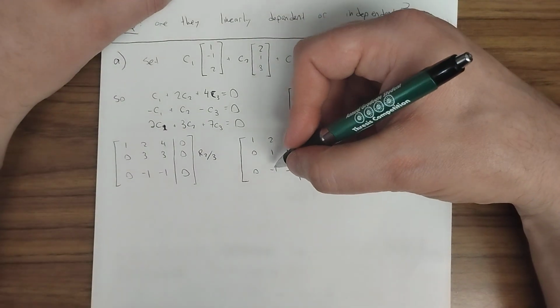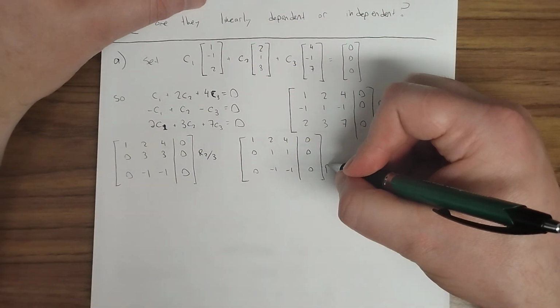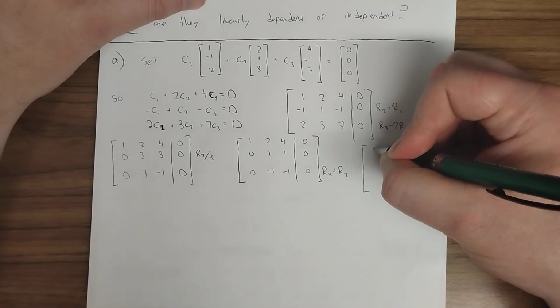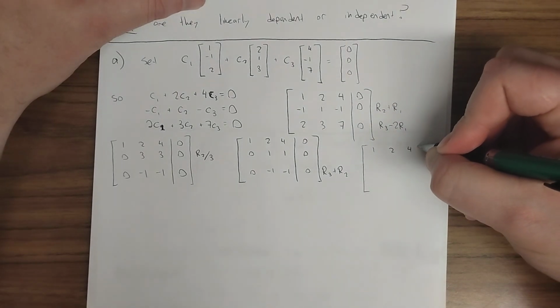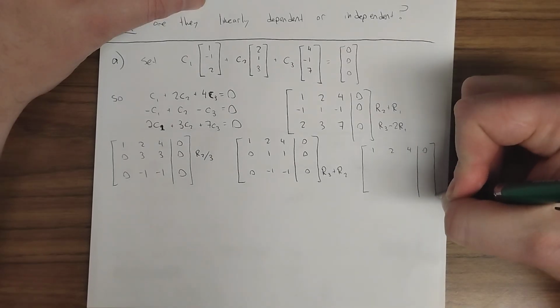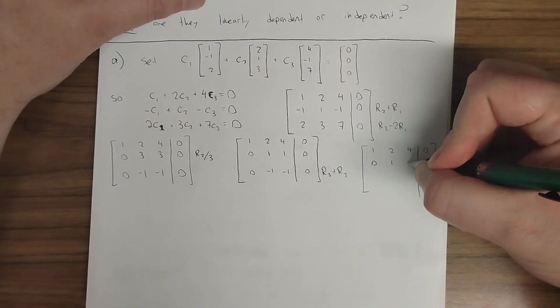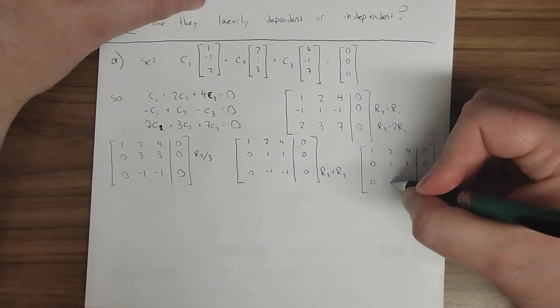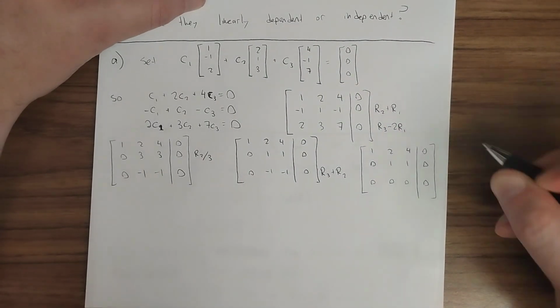Okay, so I got my 1 there. I'd like a 0 underneath it. And I get zeros all the way.